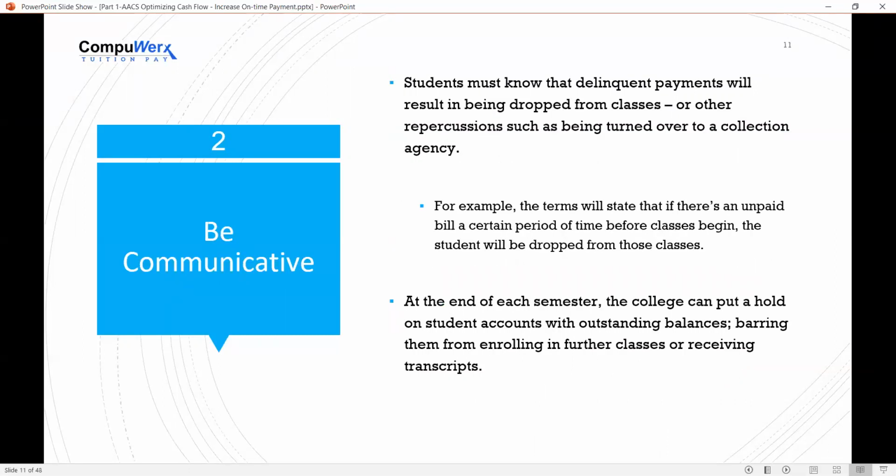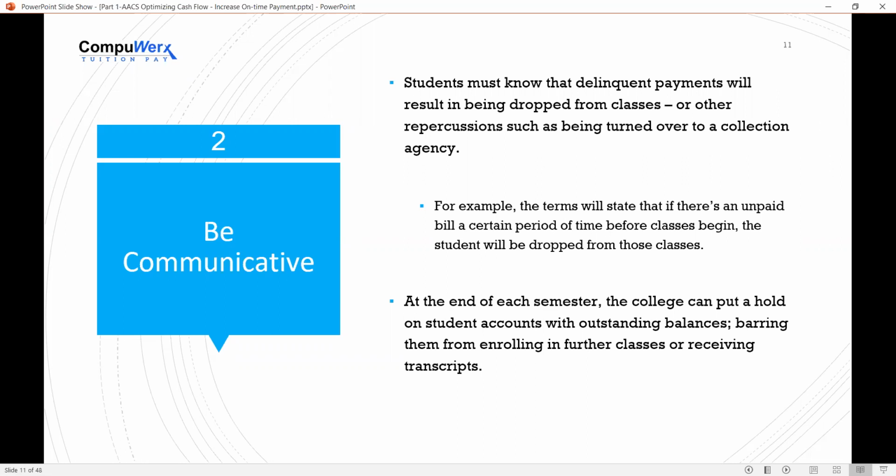Students must know that delinquent payments will result in being dropped from classes, or they can't get their transcript, or their account gets turned over to a collection agency. For example, the terms will state that if there is an unpaid bill a certain period of time before classes begin, the student will be dropped from those classes.